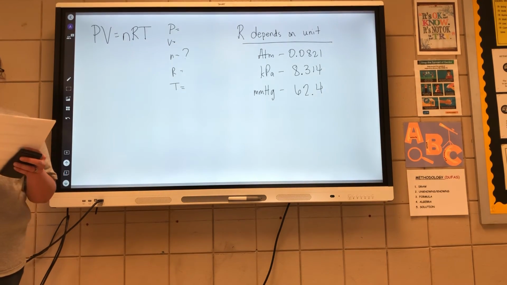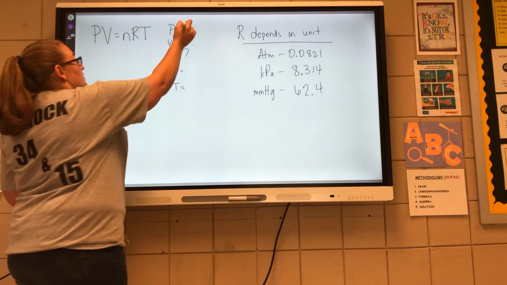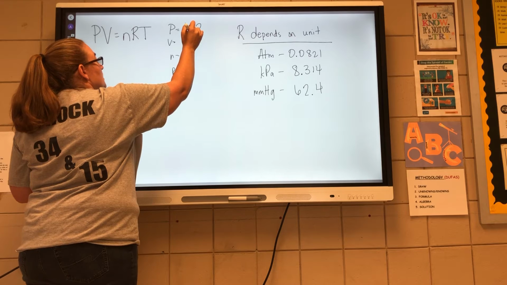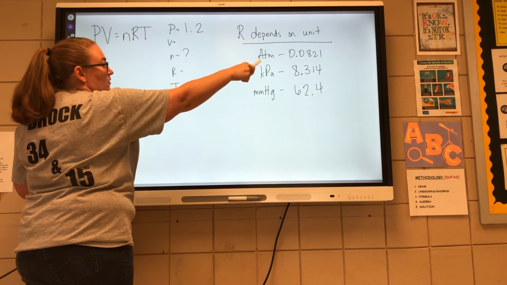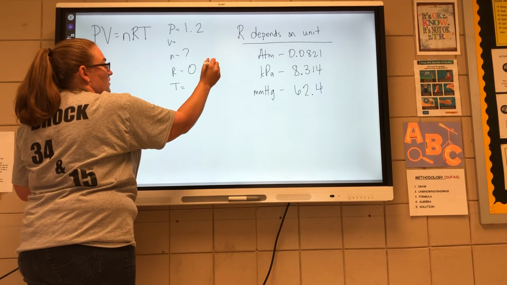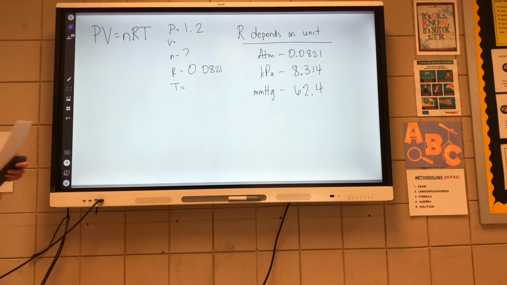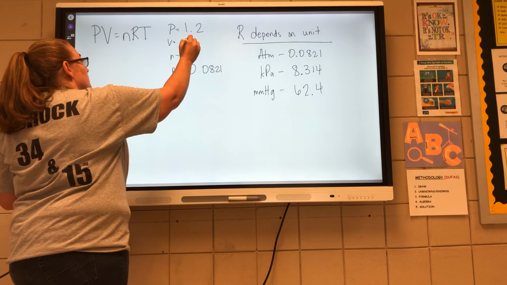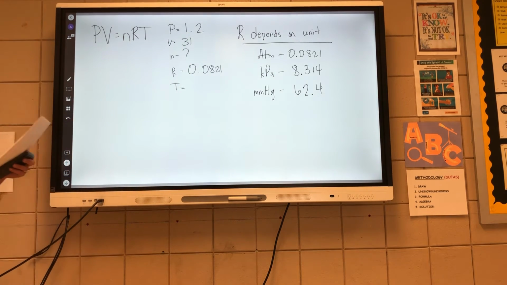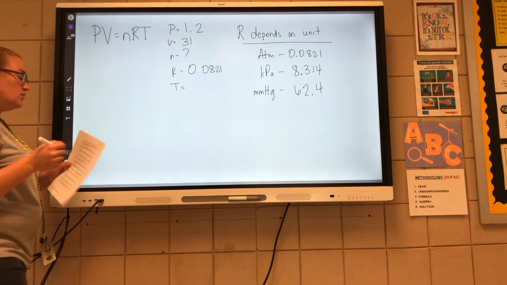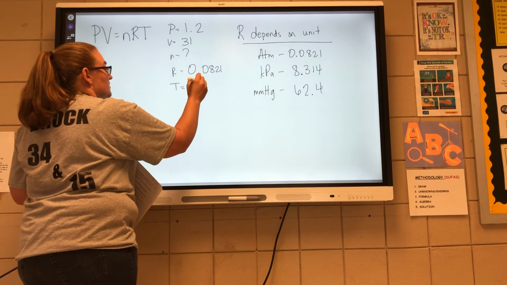At a pressure of 1.2 ATM, and since we're using ATM, we know that our R is 0.0821. We have a volume of 31 liters, and we have a temperature of 87 degrees Celsius.